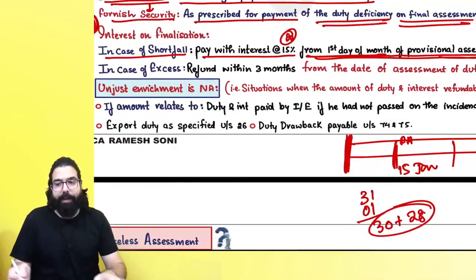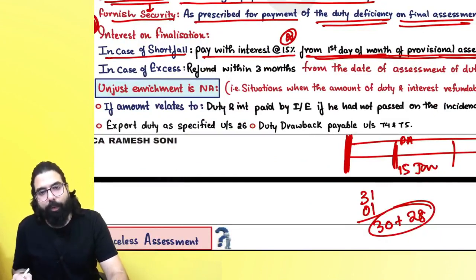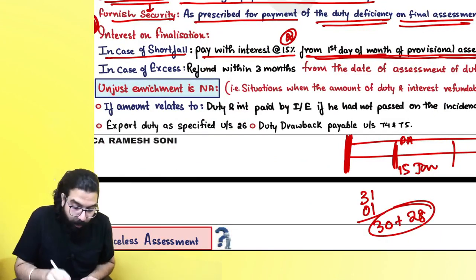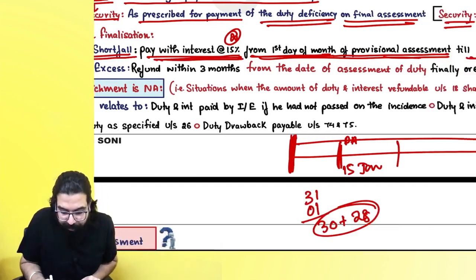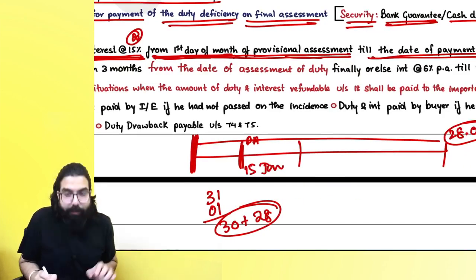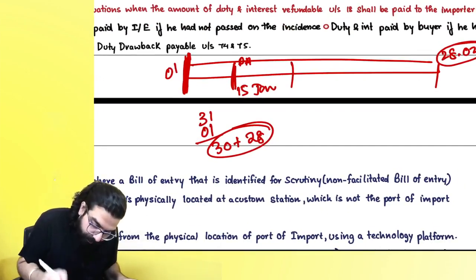Let's go ahead. Just a minute everyone. Listen to me very carefully. One thing you have to be very careful about. When they say in case of shortfall, pay the interest at the rate of 15% from the first day of the provisional assessment, it means you have to consider the first day onwards.